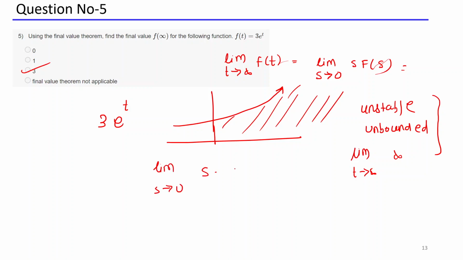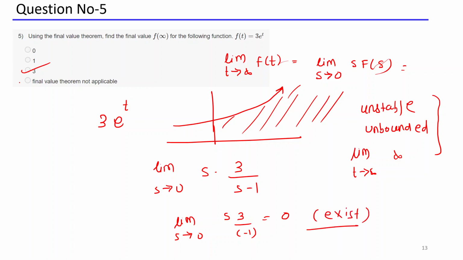s times F of s, 3 divided by s minus 1. If I put limit s tends to 0, s times F of s is 0 times 3 divided by minus 1. So what is the value? The value will be 0, which means the value exists.